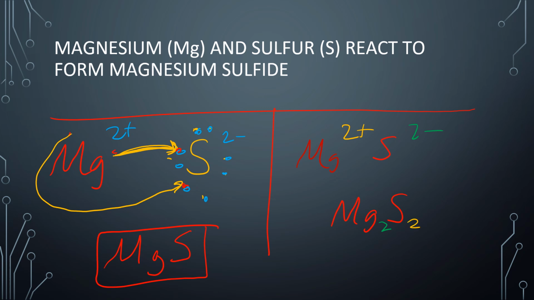These 2 2's that you brought down crisscrossed, you can reduce those numbers. So the final answer is MgS. Remember, to reduce means to divide by the same number, and you end up with whole numbers for both. Hopefully that math language sounds familiar.